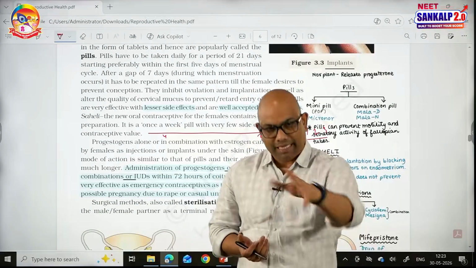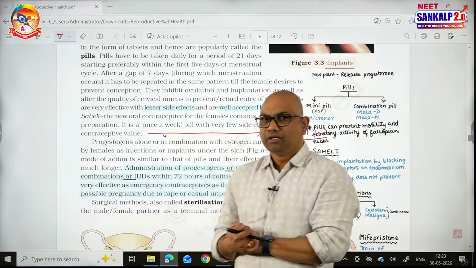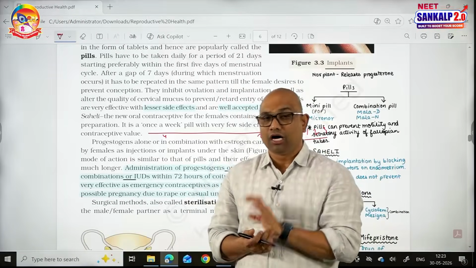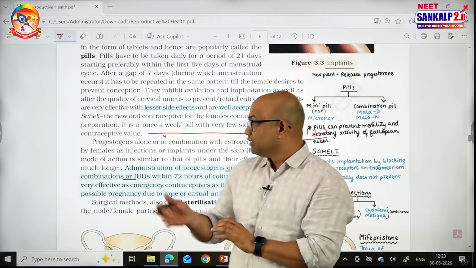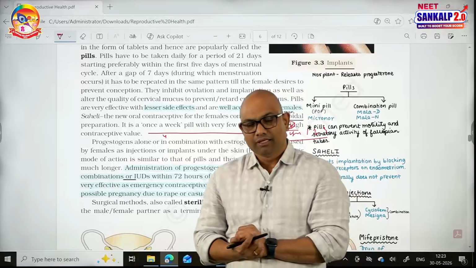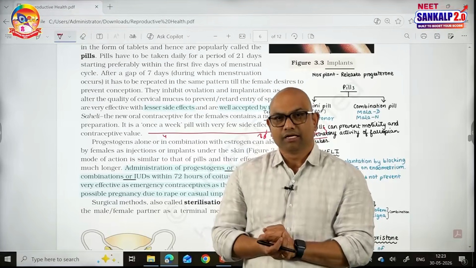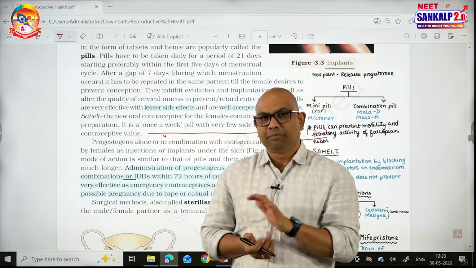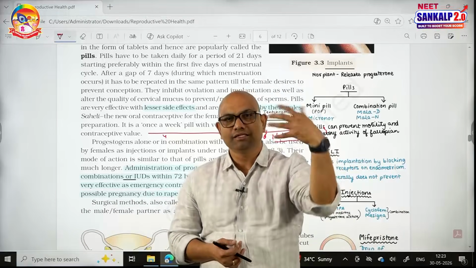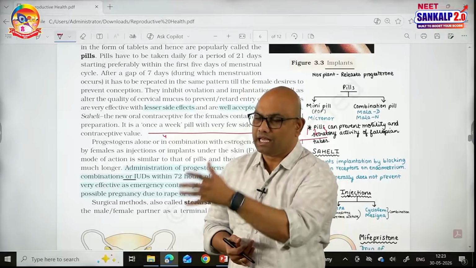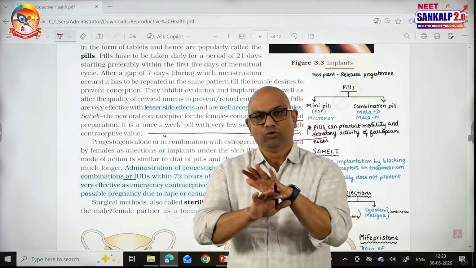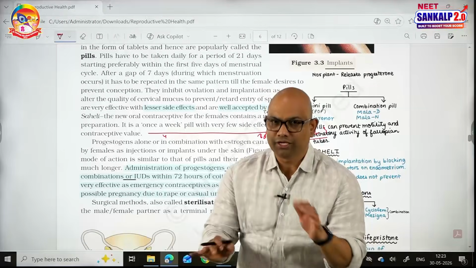So what is the mechanism of these pills? Let me tell you. As the female is taking the estrogen-progestogen combination or progestogen during the follicular phase, ovulatory phase and luteal phase, high levels of progestogen compared to estrogen levels prevent the GnRH pulse frequency. When GnRH is prevented, that prevents FSH and LH. When FSH and LH are prevented, there is no follicular growth and no ovulation.